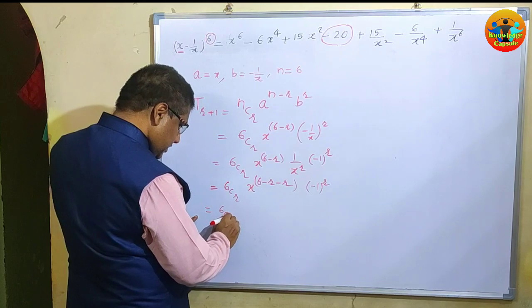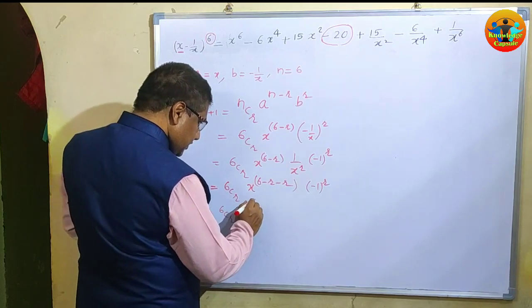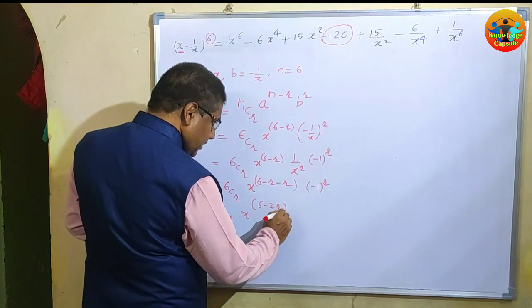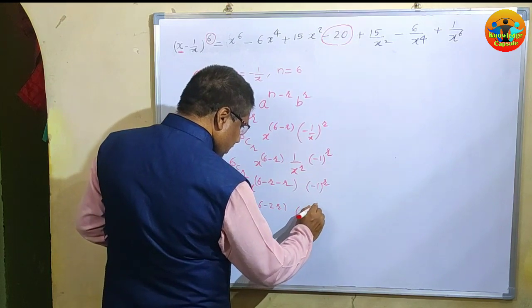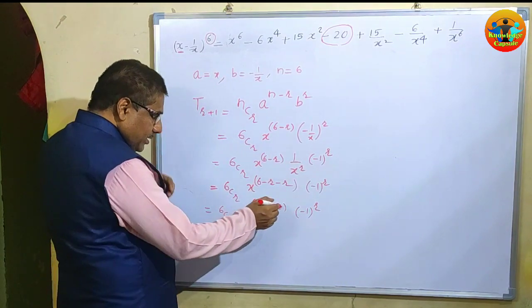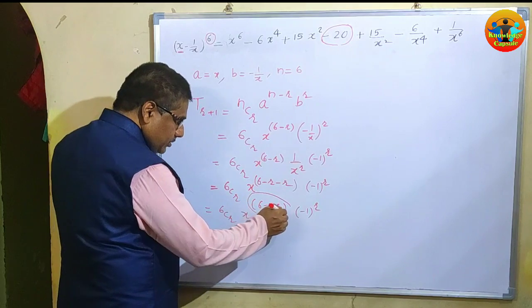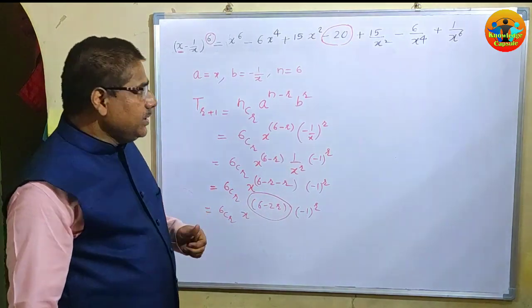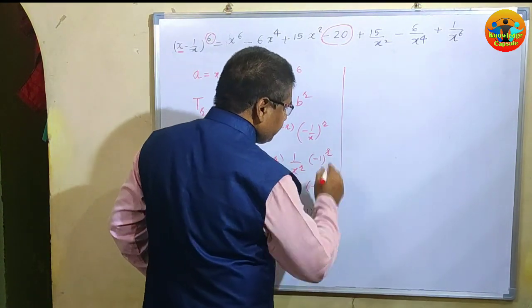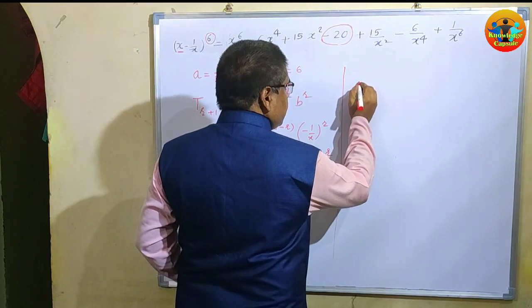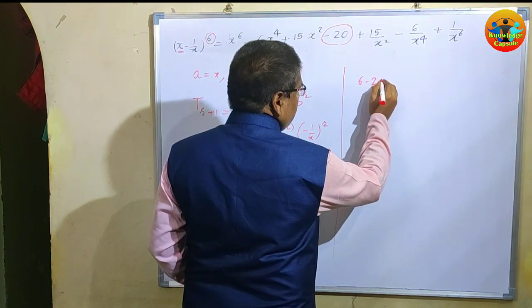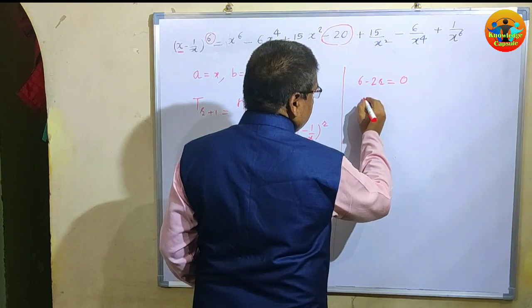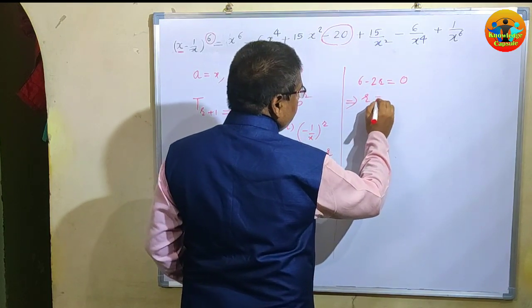This is 6Cr into x raised to 6 minus 2r into minus 1 raised to r. Now let us equate this power equal to 0 to get the term independent of x. Therefore 6 minus 2r is equal to 0. This implies r is equal to 3.